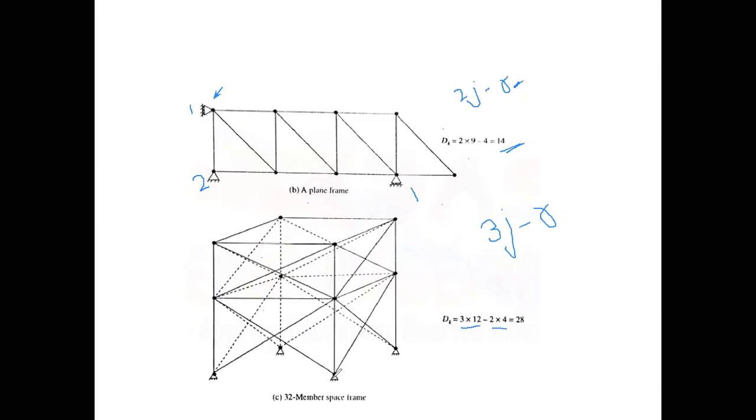All the ends are hinged, and the number of internal reactions at each end is 2, so in total it is 4. So it is 3 times 12 minus 2 multiplied by 4, which equals 28. And this is the degree of kinematic indeterminacy in the case of a space frame. So basically we are only concerned with 3 cases: a beam, a rigid jointed plane frame or space frame, and a pin jointed plane frame or space frame.